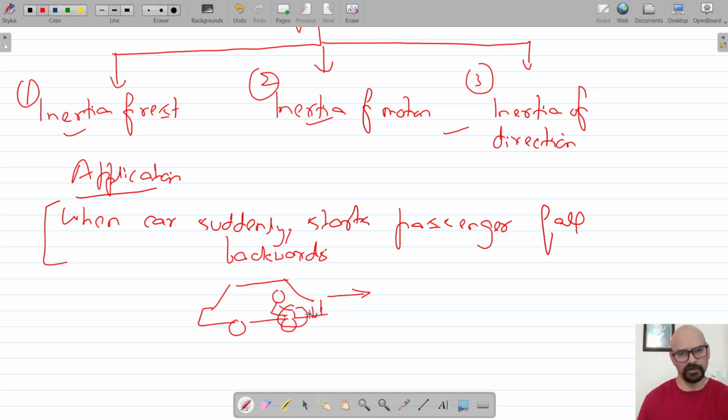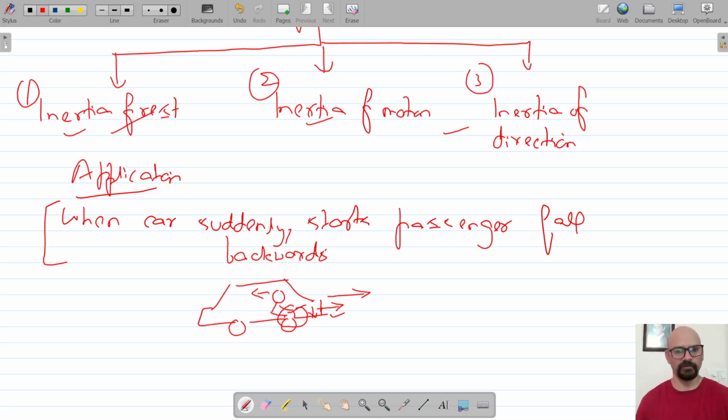So, due to inertia of motion, when the car starts, the lower part will come in motion as it is in contact with the floor of the car, but the upper part will continue to be at rest because of inertia of rest, and hence we fall backwards.